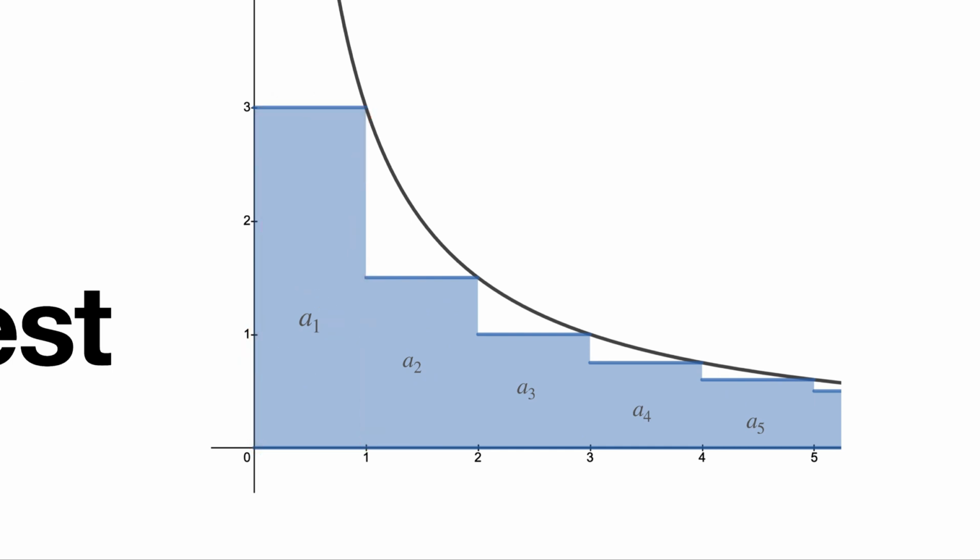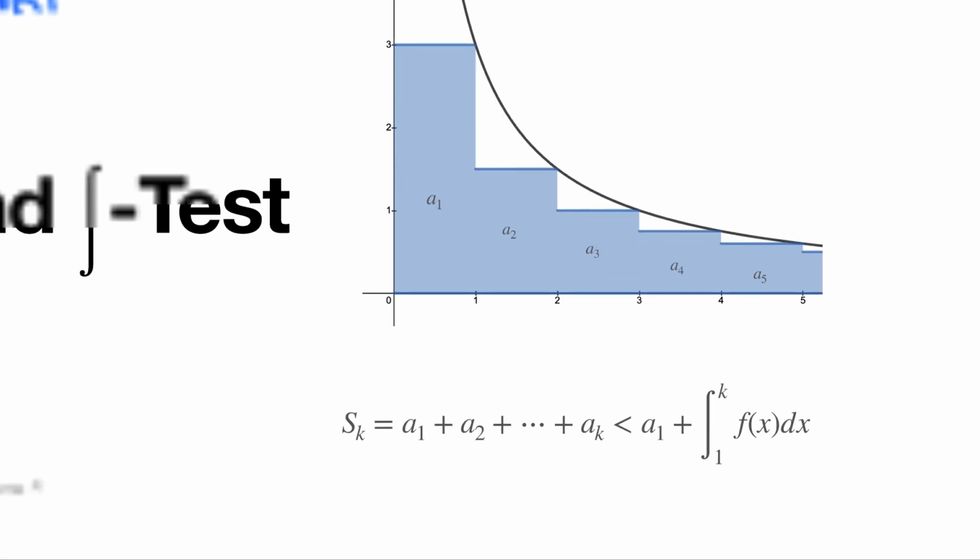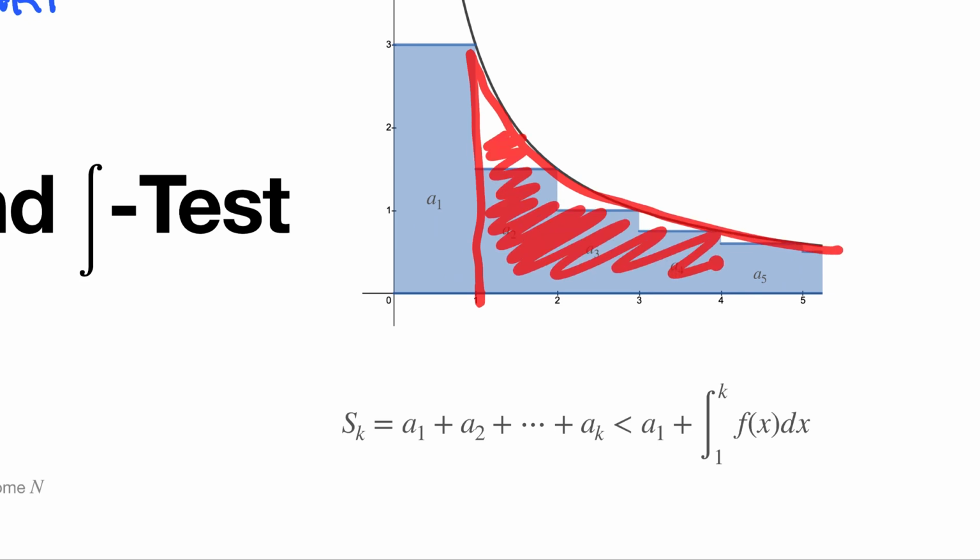Very nice. Taking a look, we can see that the rectangles leave a gap underneath the graph of the function. Let's write that down. If we start from 1, look at the function, and integrate out to some value, we can associate that integral with the area under the curve, this quantity here.